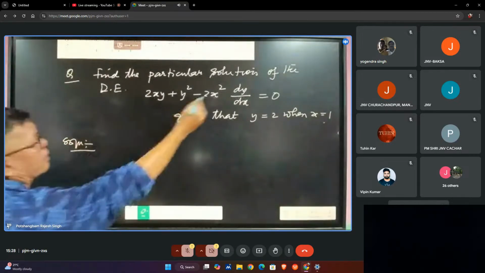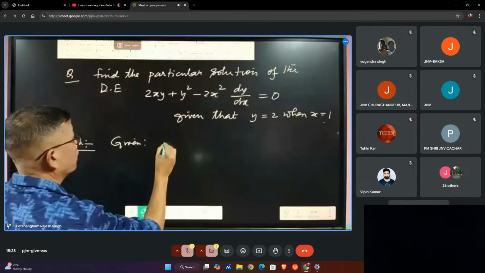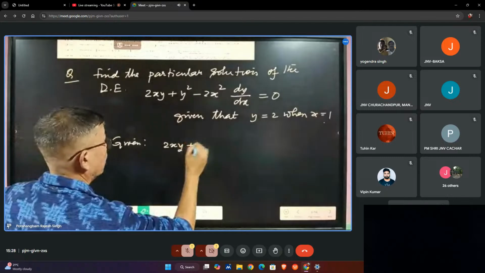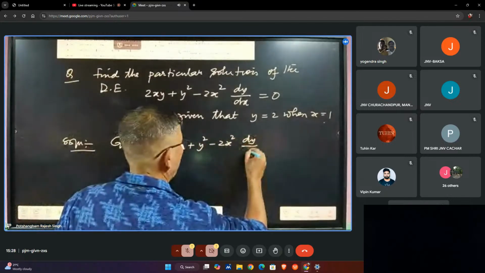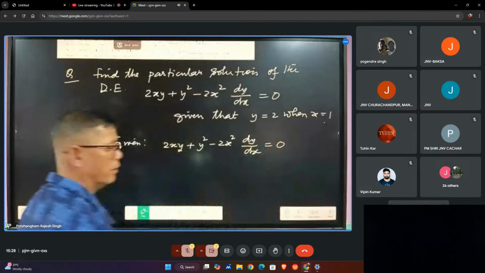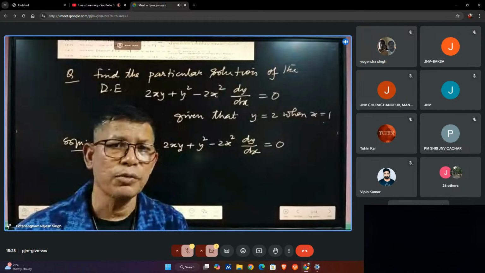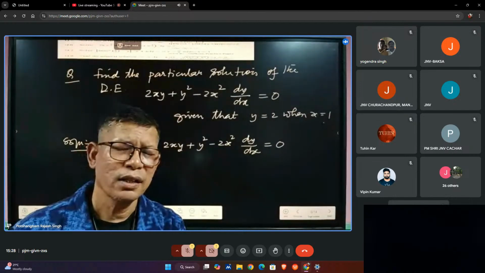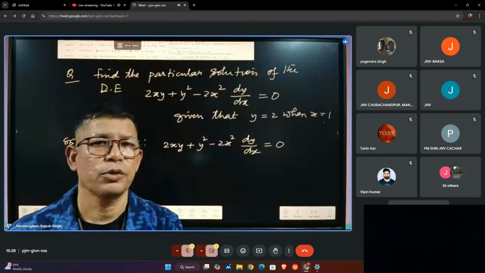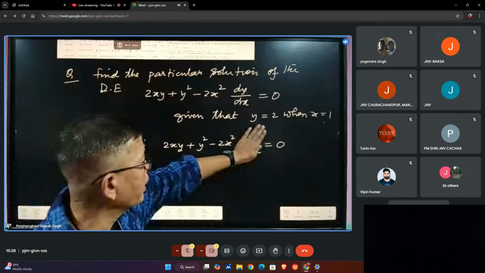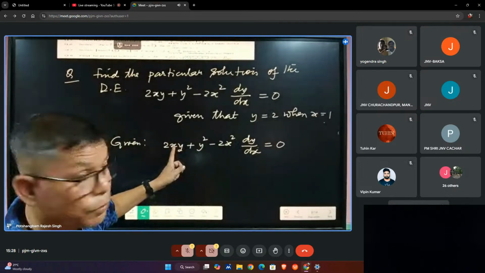So first, let us see whether the terms have their own degree, excluding the derivative. Let me exclude this derivative and check the degree of the first term: 2.